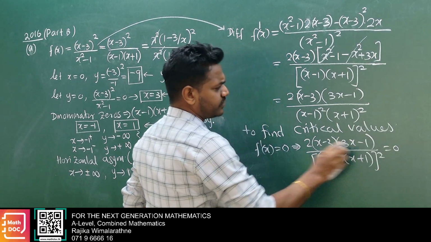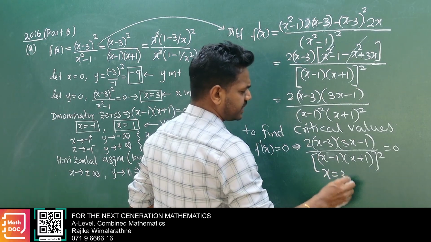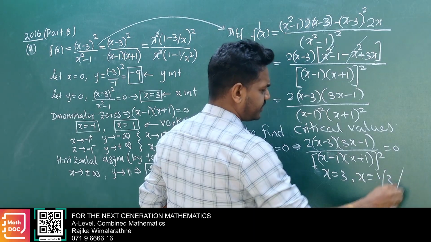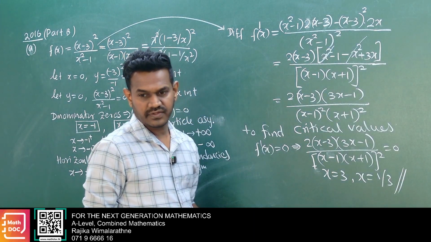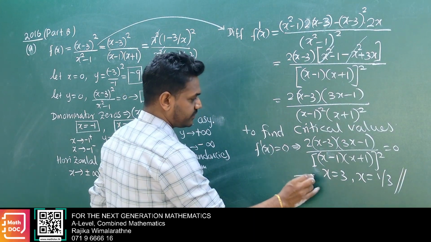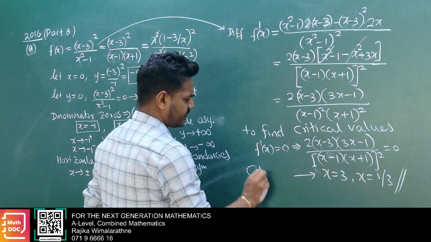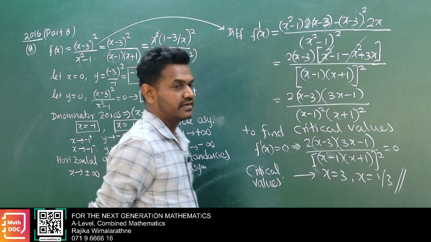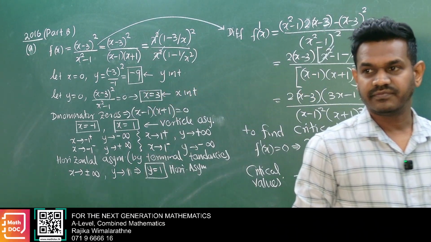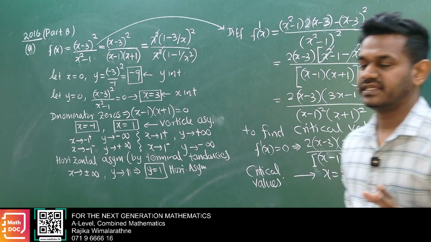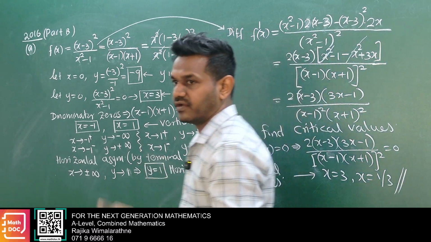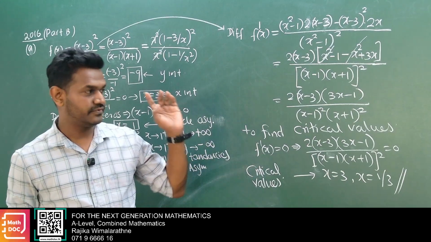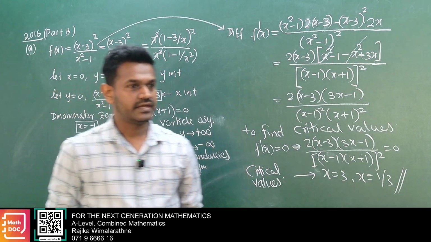Now we get two critical values, x equal 3 and x equal 1/3. We call these critical values. So here it is the same procedure, only the function will change. The procedure is the same, and you can easily do this section if you practice this one.